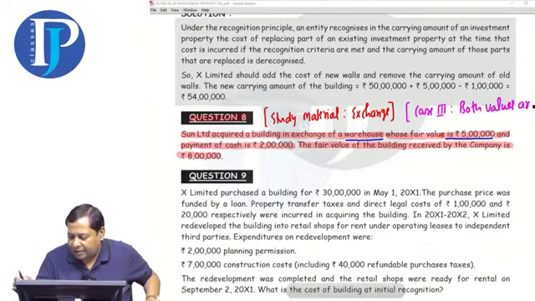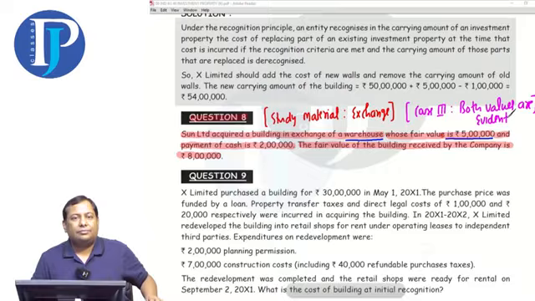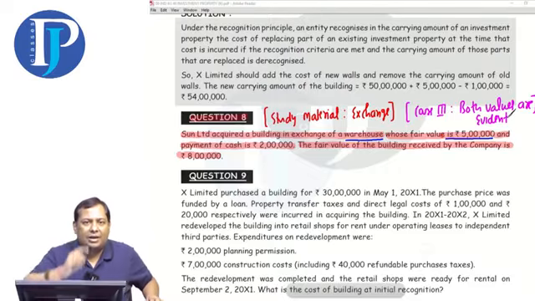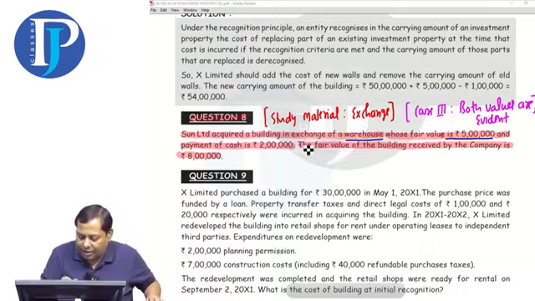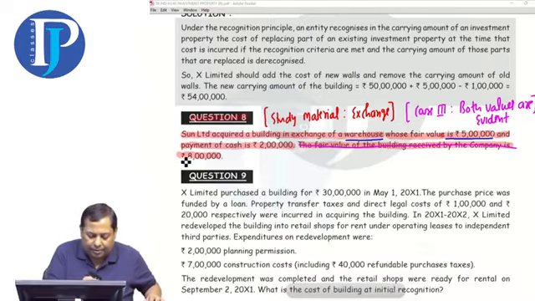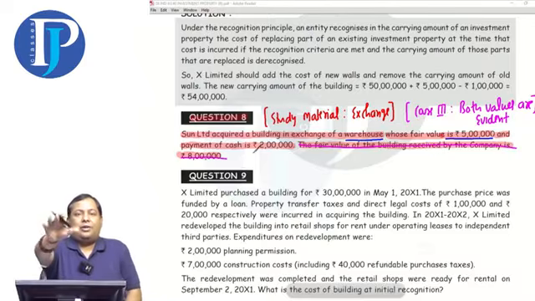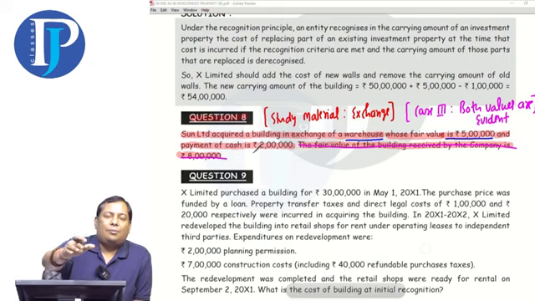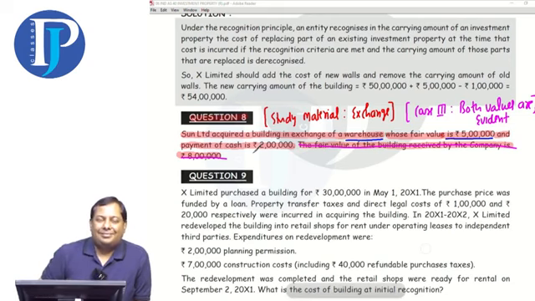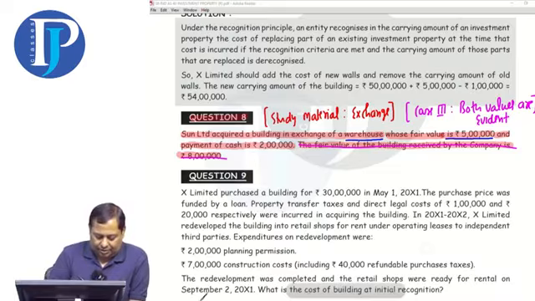Both values are evident. What should we do in case 3? Cut this line over here. Why? You do not see the fair value of taken up. You only need to see the value of given up, which is 7 lakhs. So the entry will be passed at 7 lakhs. Okay.